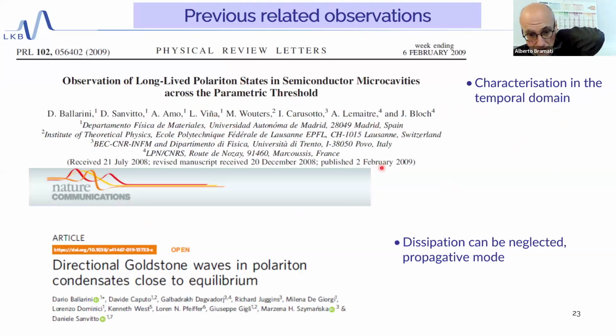Also, in the case in which the dissipation can be neglected, again, Daniele Sanvito and Dario Ballarini observed the directional Goldstone mode. So in this case, if the dissipation is negligible, then it is possible to recover a propagative Goldstone mode. But in these two works, the spectral behavior of the Goldstone mode was not addressed.